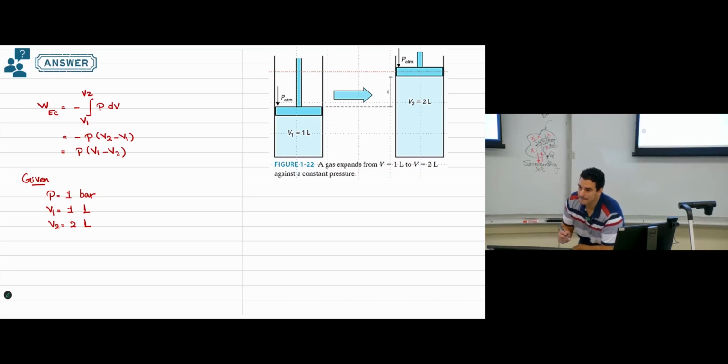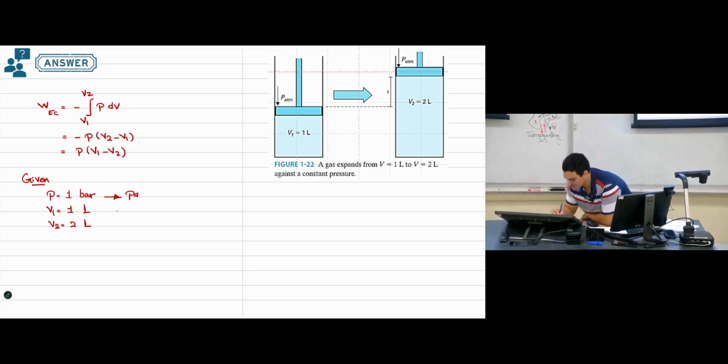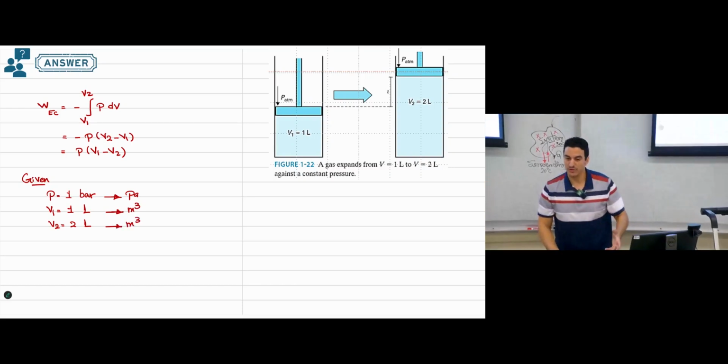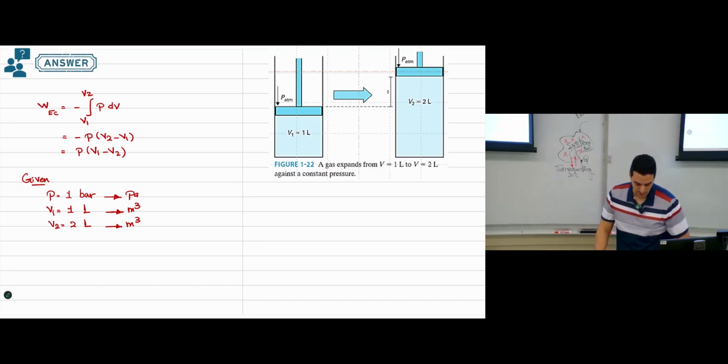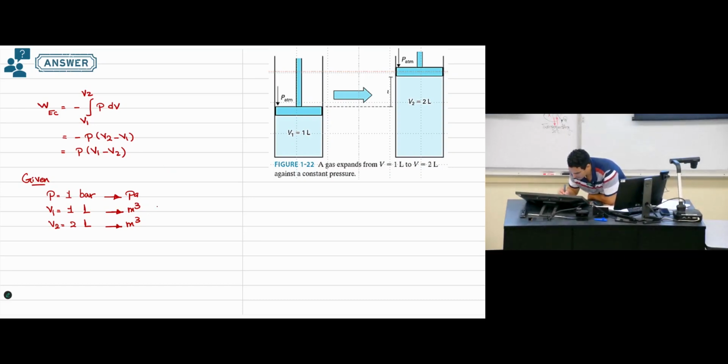Pascal. So pressure in the SI system is Pascal, and the volume in the SI system is meter cubed. So I need to convert bar to Pascal and liter to meter cubed.